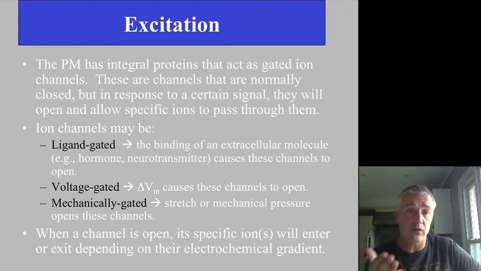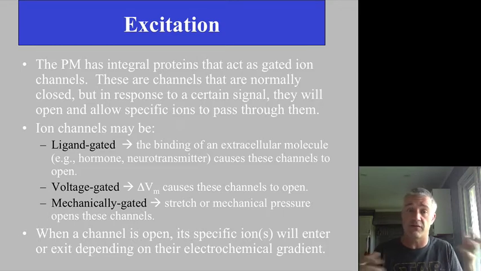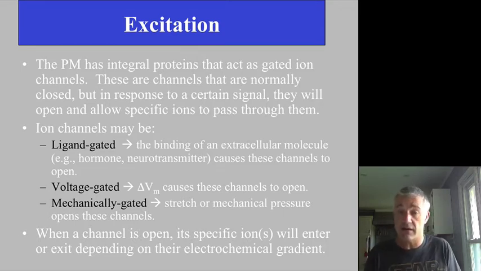In this case, we're going to have a voltage-gated channel that may respond to a change in that membrane potential. It's normally negative 80, negative 90. We might get something on this one where if it gets down to negative 55 millivolts, that will cause these voltage-gated channels to open. And then again, whatever they're specific for can flood into or out of the cell, depending on its concentration gradient.